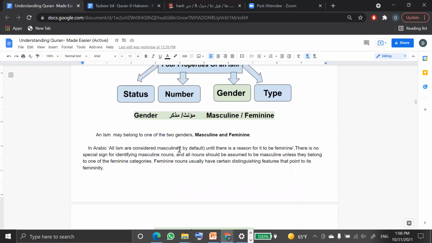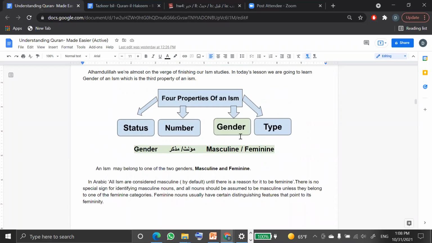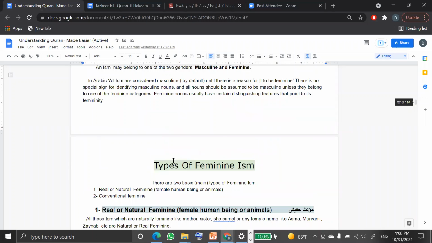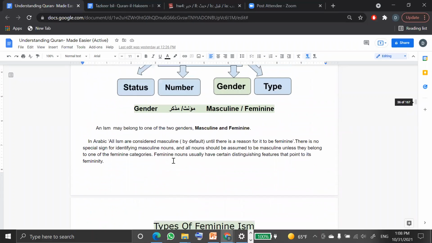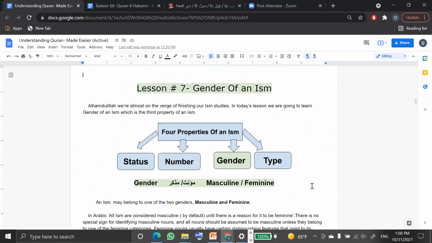Being masculine or feminine is the gender of the ism, which is one property of ism. For every ism, we need to know its status, whether it's rafa, nasb, or jar. We need to know its number also: is it a singular, dual, or plural ism?